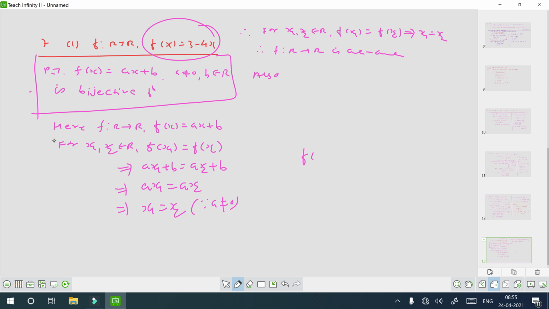Also, we want to show that f of x is equal to y. So ax plus b is equal to y. So ax is equal to y minus b. So x is equal to y minus b by a. Yes, that exists.